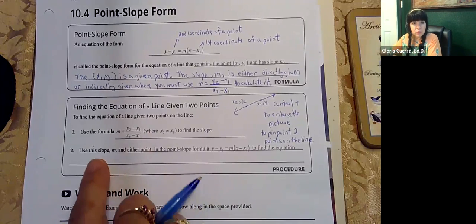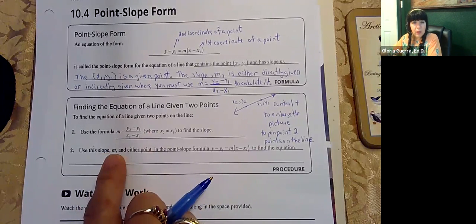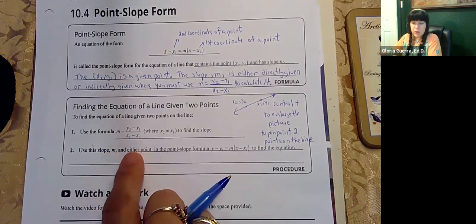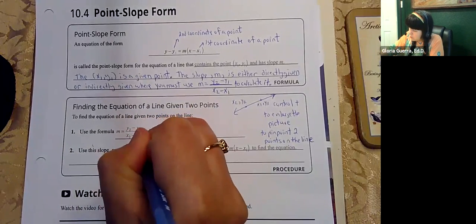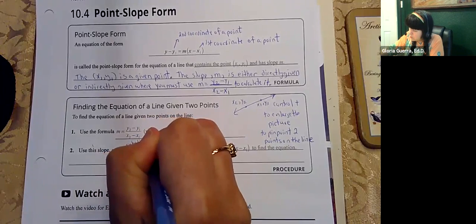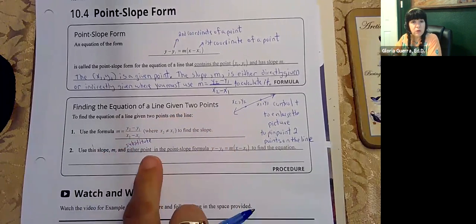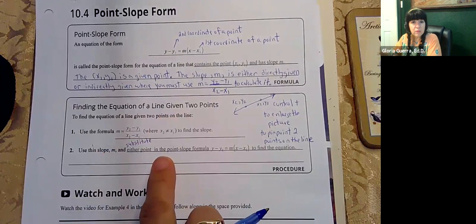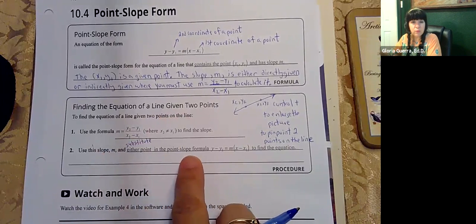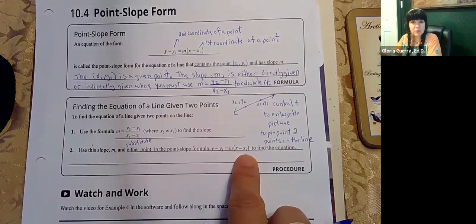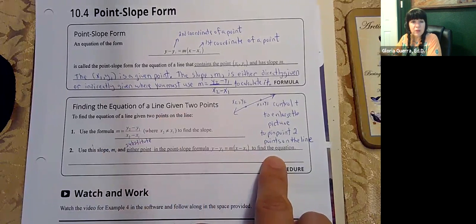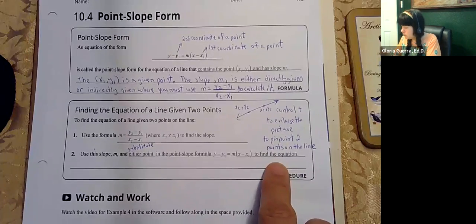And then you can use the slope, and then you can substitute either point in the point slope formula, y minus y1 equals m times x minus x1, to find the equation, okay?